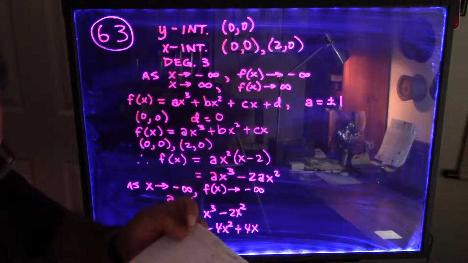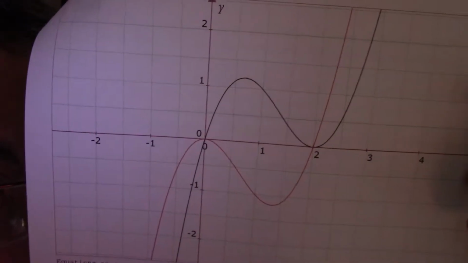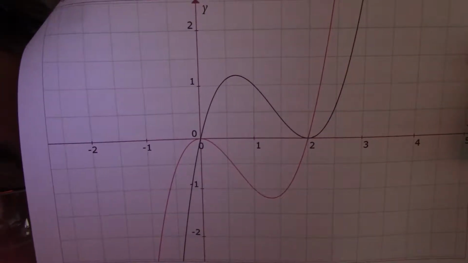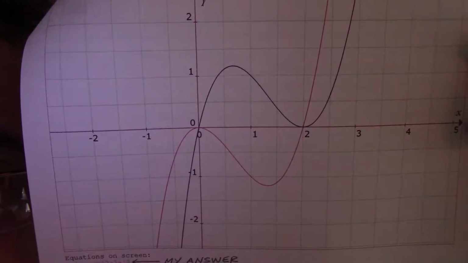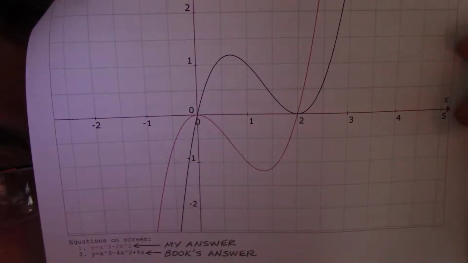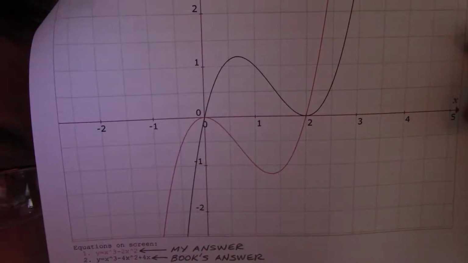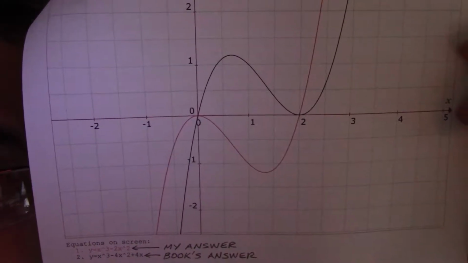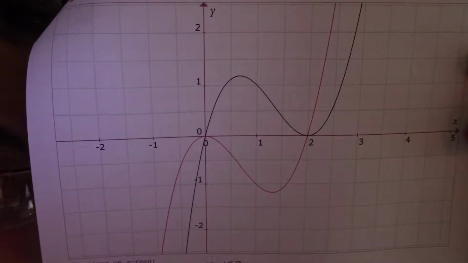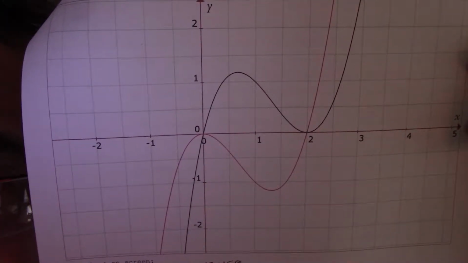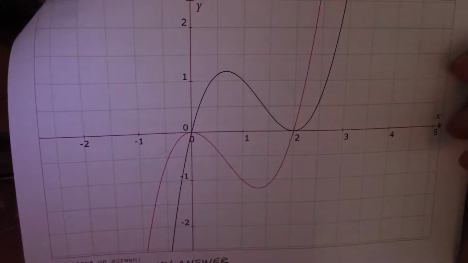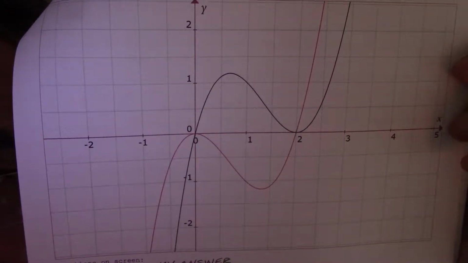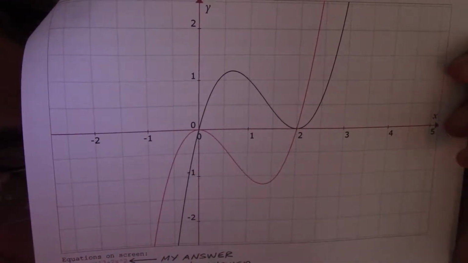My answer appears as the red graph, the book's answer is the black graph, and you can see that they have the same x and y intercepts. They look practically the same, except one is shifted. Both of them work, and they have the same end behavior as well. Again, mine is red and the book is black. So take your pick. I choose the simpler one, but I guess in this book it doesn't really matter.